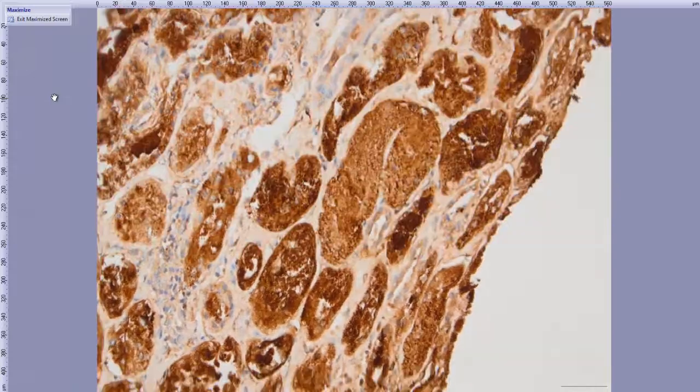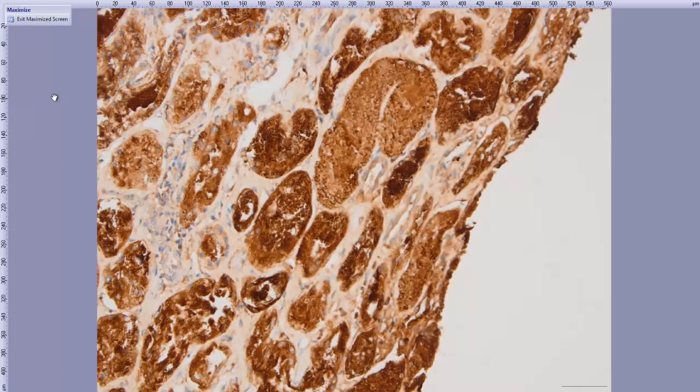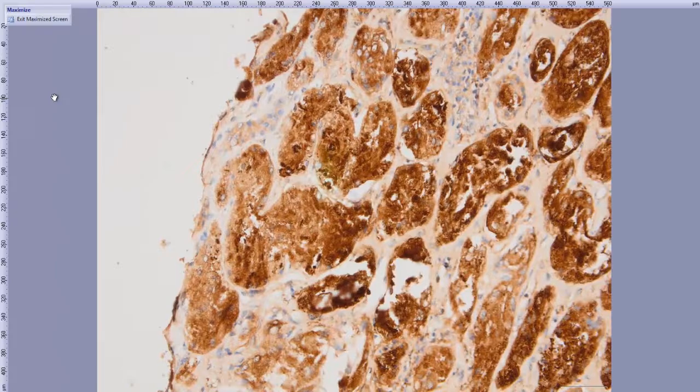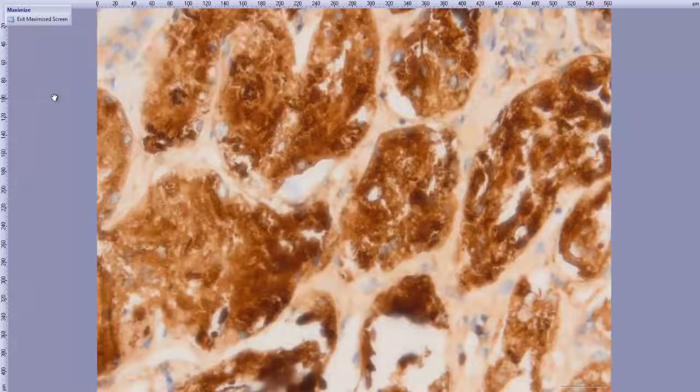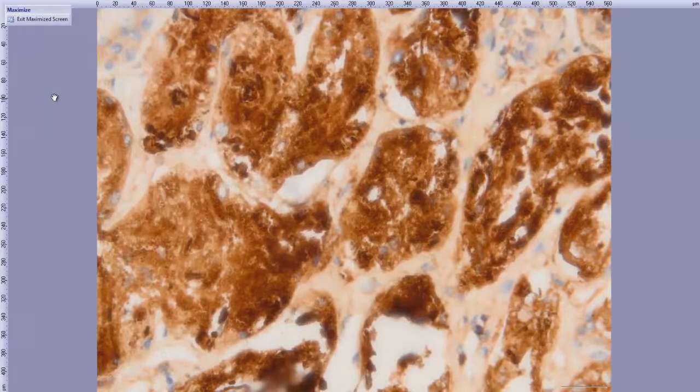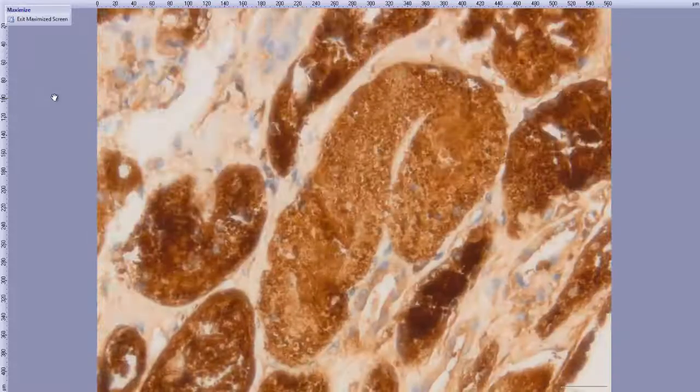In fact, not only is there a much smaller diffuse granular staining within the cells, but you can also make out the more crystalline structures within, as you can see over here with the kappa stain, as well as the much smaller granular inclusions, light chain crystals within the tubular epithelial cells.